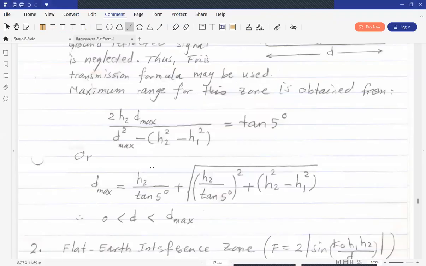Anyway, you calculate d max from this equation, okay? And you see if your distance is less than d max, you use the free space equation. Free space, no earth at all.